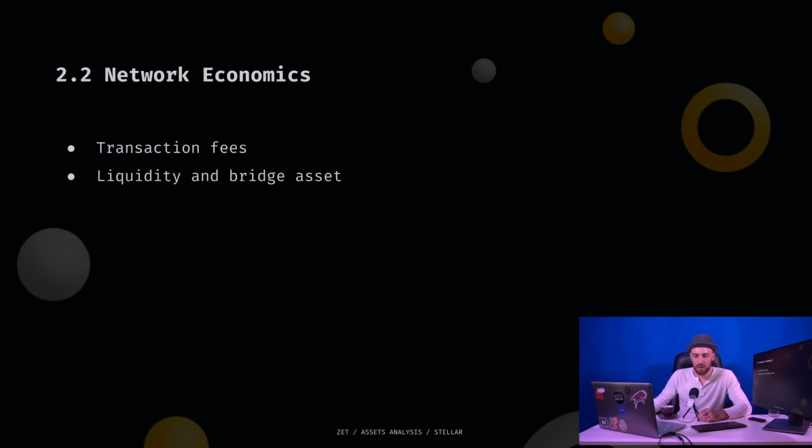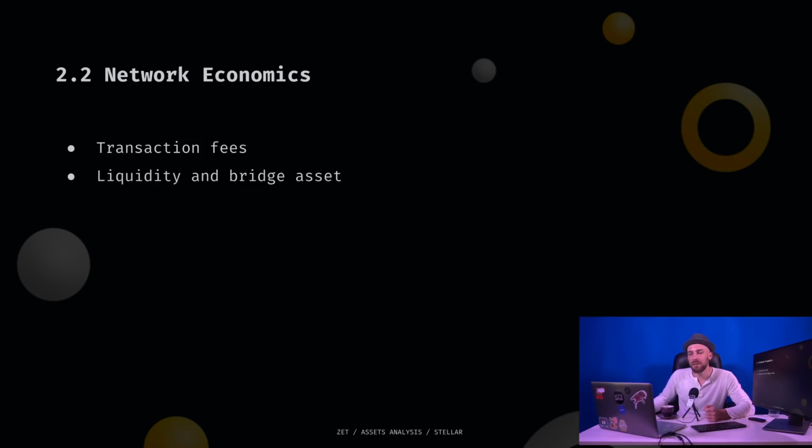Once you want to send a transaction, you have to pay a fee. As I already said, the fees are currently fixed. They are very small, but anyway, the market is huge, so the fees that are paid to nodes, the validators of the network, given the huge numbers, will be pretty decent, to be honest.